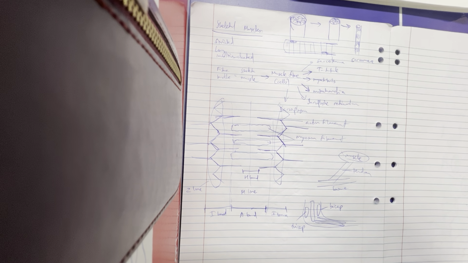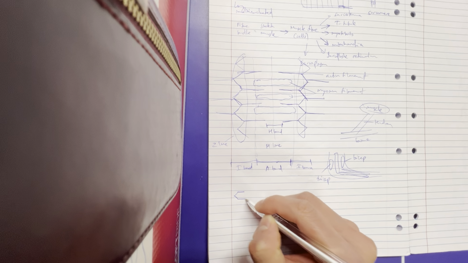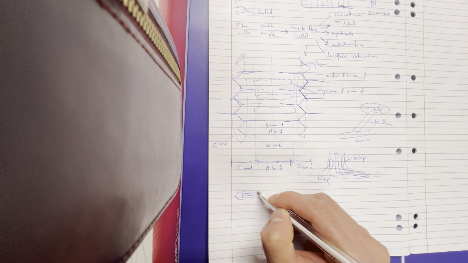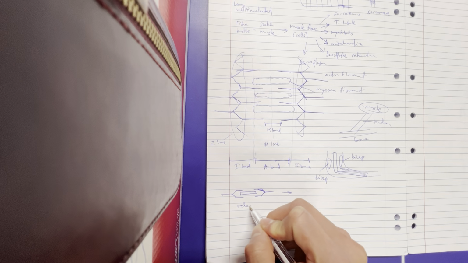Now we'll talk about the sliding filament model of the muscles. Right, so what happens is that actually when you pull things, imagine this is your normal. I'm just going to draw one single. Got this, right? Imagine this is your normal, relaxed.